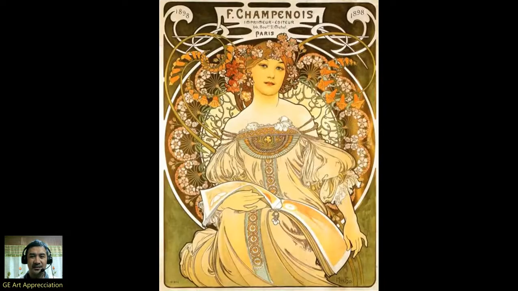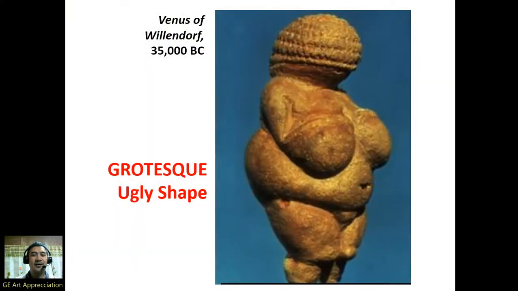Ayan. So here. Okay. But if the shape is ugly, then we call it grotesque. Okay, this is Venus of Willendorf during 35,000 BC. Okay, of course, this is just a statue, but then this is actually true.